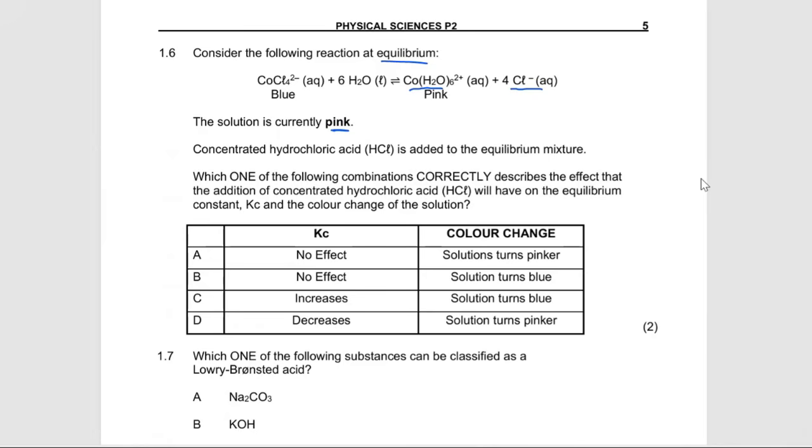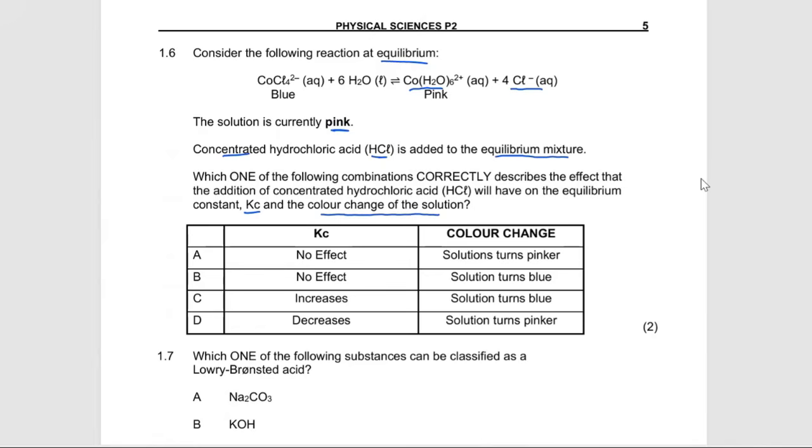Then they are saying concentrated hydrochloric acid HCl is added to the equilibrium mixture. Which one of the following combinations correctly describes the effect that the addition of concentrated hydrochloric acid HCl will have on the equilibrium constant Kc and the color change of the solution, right?